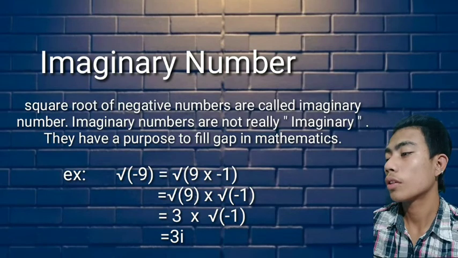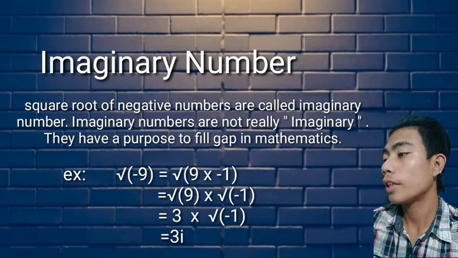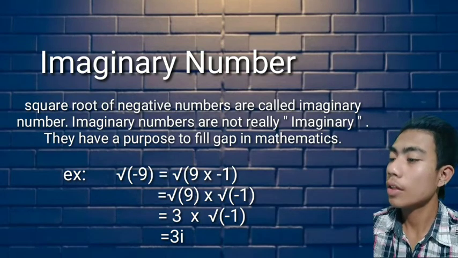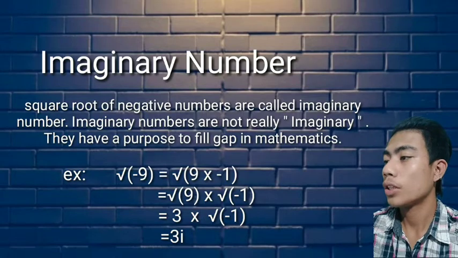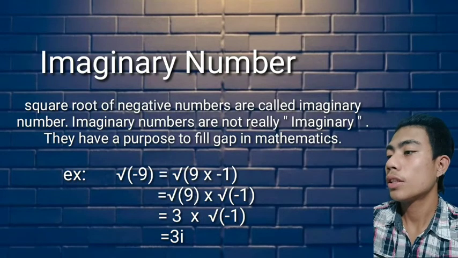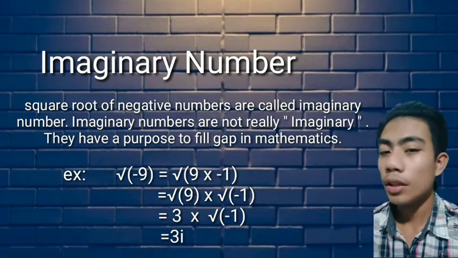Since the square root of 9 is 3, we bring down 3 times the square root of negative 1, which is the imaginary unit. So it equals 3i.